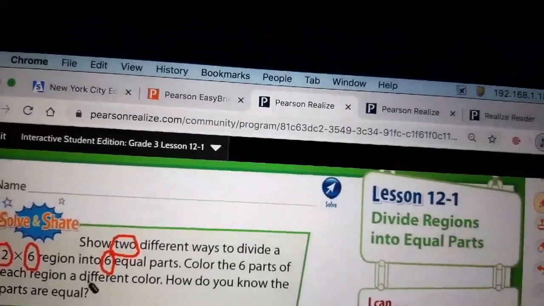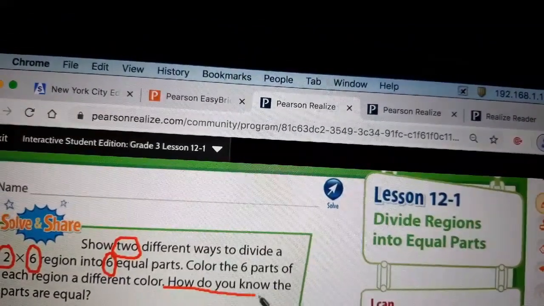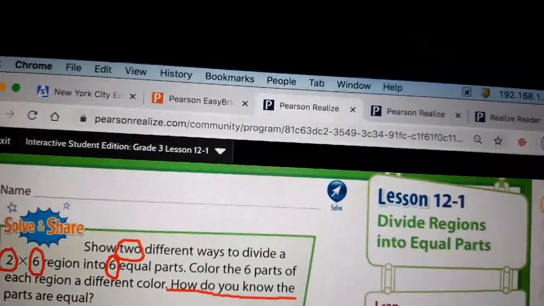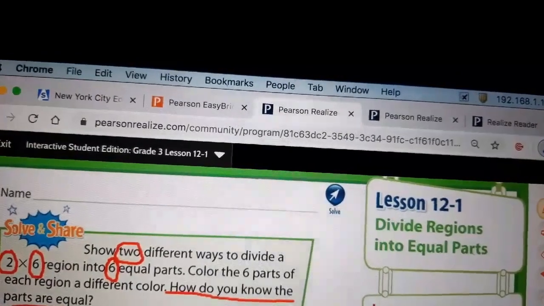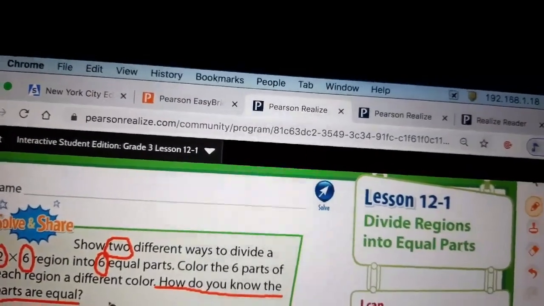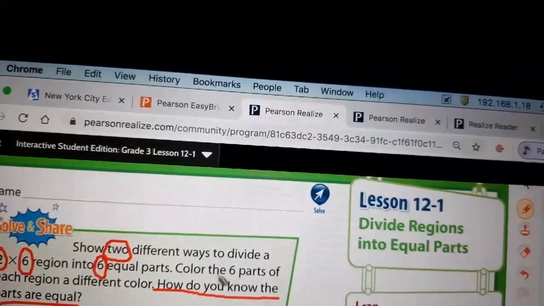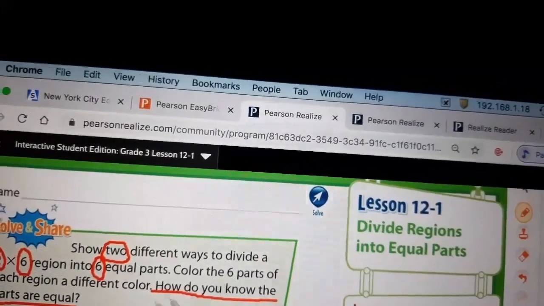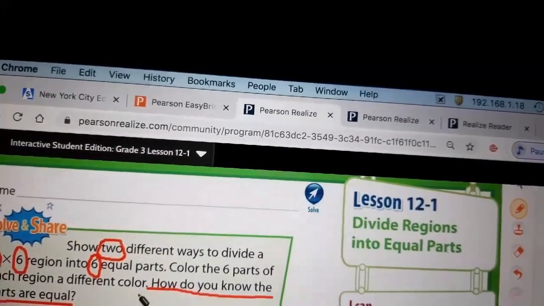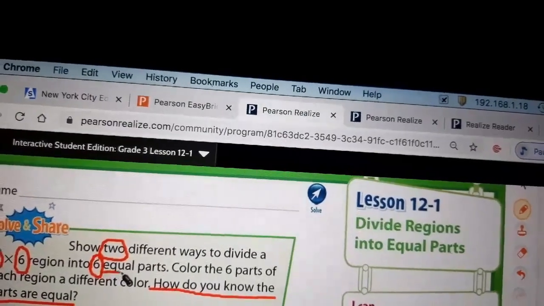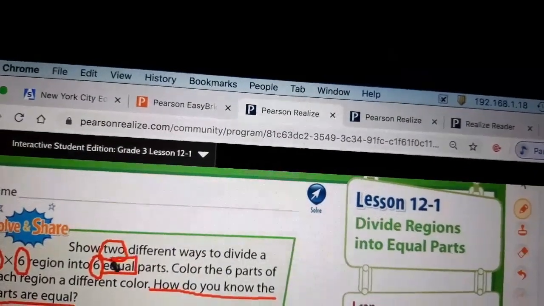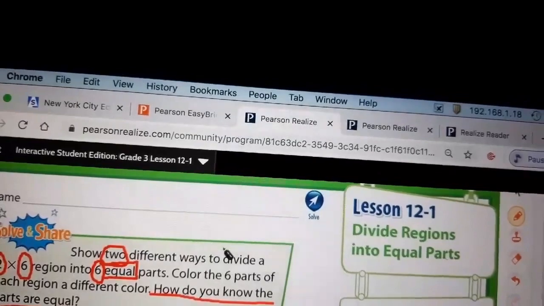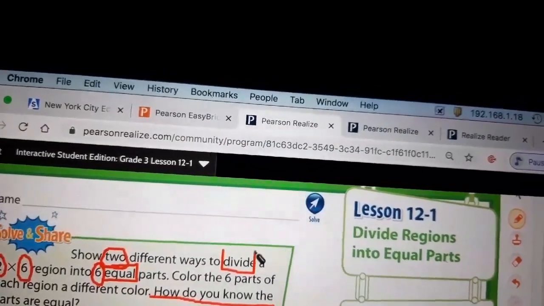We're going to underline the question. How do you know the parts are equal? We're going to box any math action word. So it says color the 6 parts of each region a different color. Equal parts or equal. Divide is a math action word.